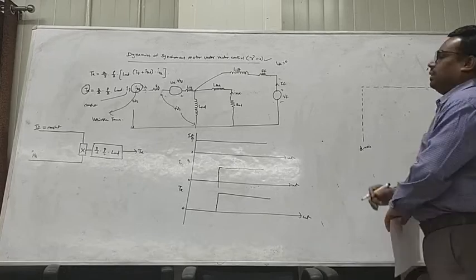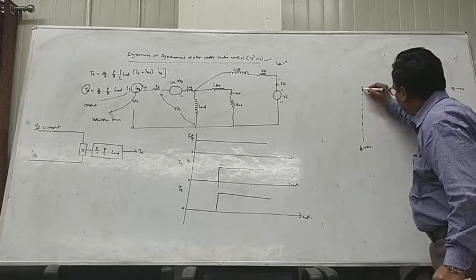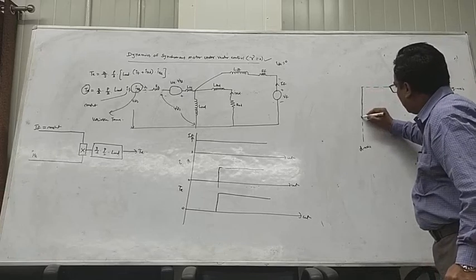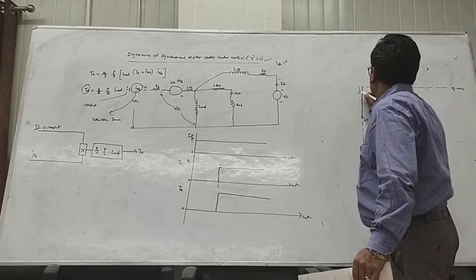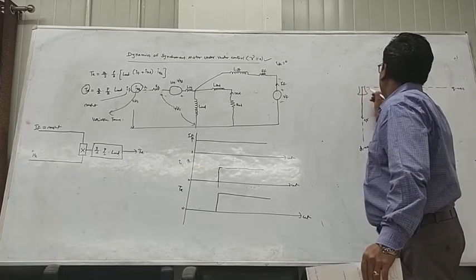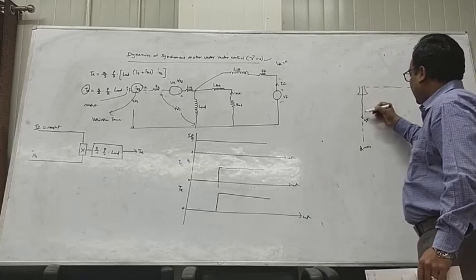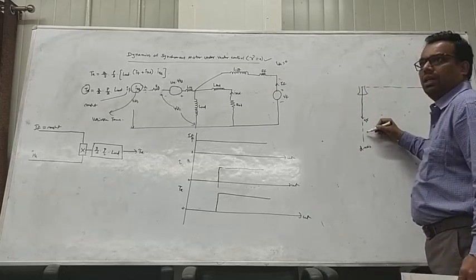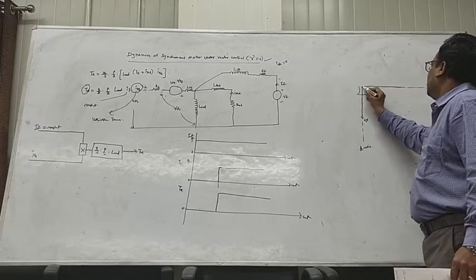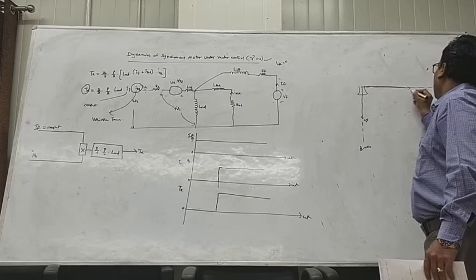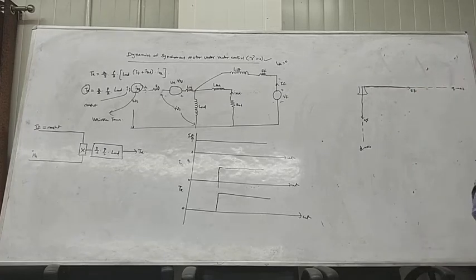In the direct axis, the field current IF is existing, and these are the field poles. The field current is along the direct axis, and the field induced EMF is along the quadrature axis.